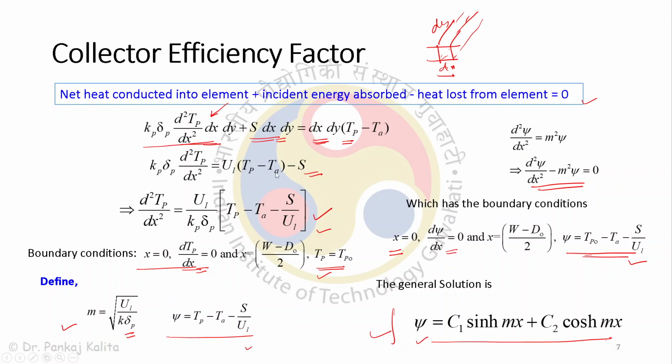So UL times TP minus TA equals minus S, dx dy got cancelled. Then transfer these things, and basically rearranging this, this is the equation of this form. If you want a solution, these are the boundary conditions which can be utilized to solve this equation. So the general solution comes out to be this one.